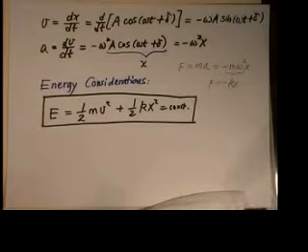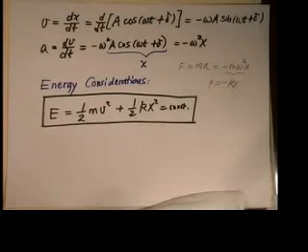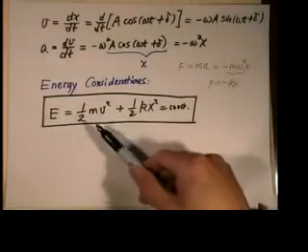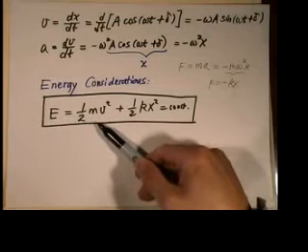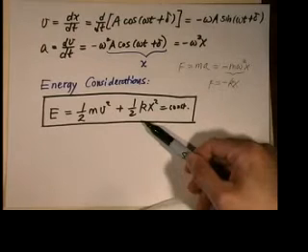If you have a mass attached to a spring with a spring constant k, and you ignore the mass of the spring itself, just look at the mass m of the object attached to the spring, then as far as the mechanical energy of the system is concerned, there are two terms. The mechanical energy E equals the sum of the kinetic energy of the mass attached to the spring plus the potential energy of the spring itself. That is the elastic potential energy.